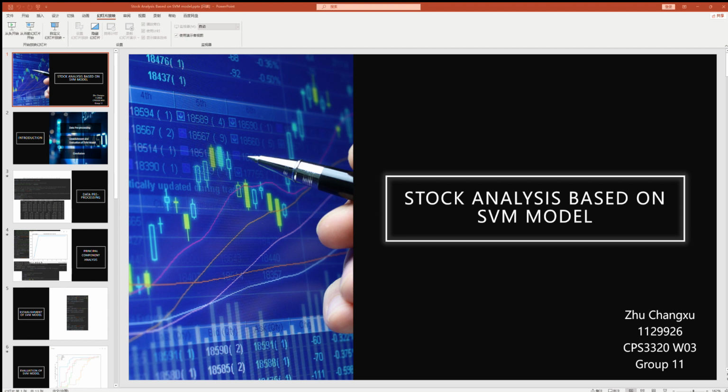Due to time limit, I will pass the confusion matrix, thermodynamic diagram, and model parameter scores. Overall, linear kernel functions perform best. To explain the results, linear kernel functions perform better in data processing and training.